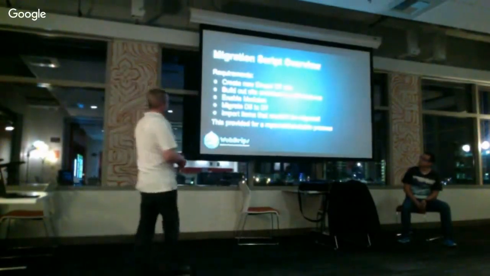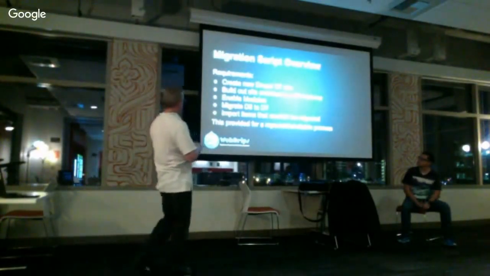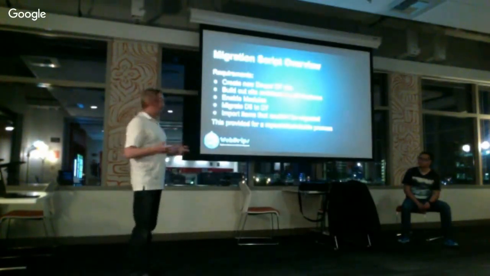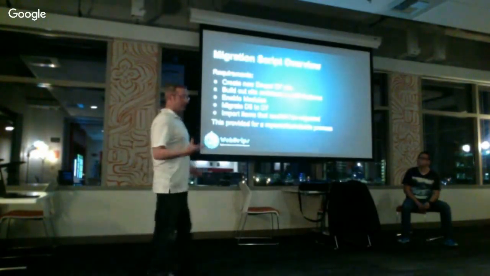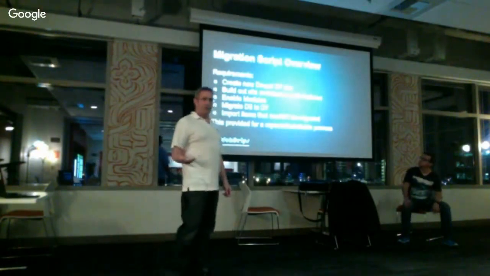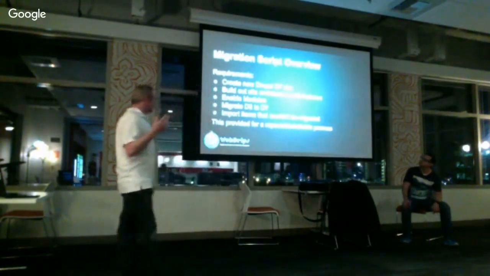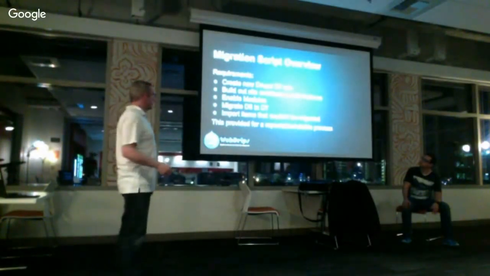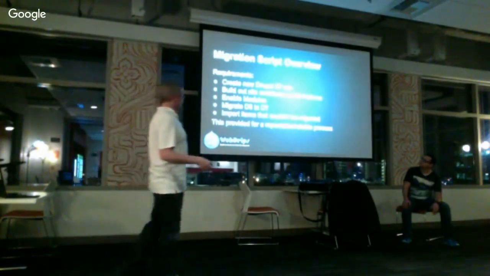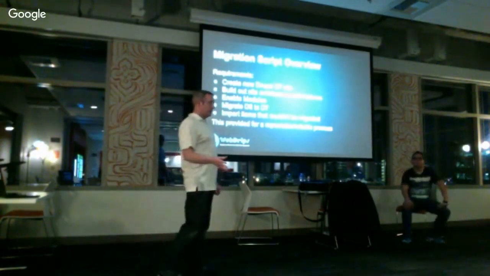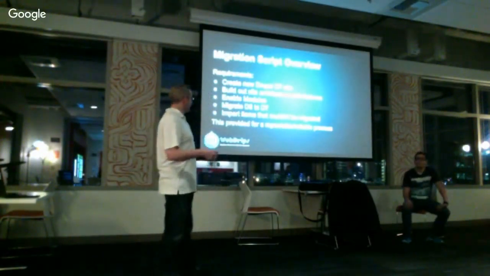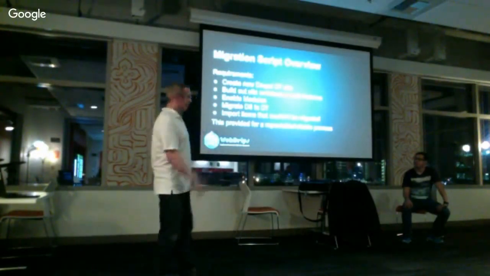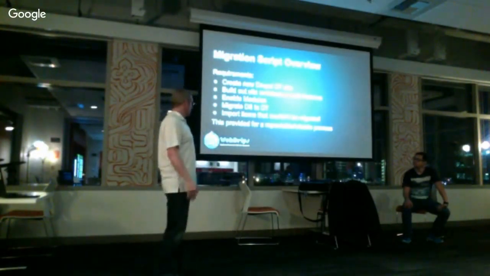About this script, it started out by creating a new Drupal 7 site, and then it added the architecture with the features, and we enabled modules that were required throughout the process, and then had the migration in there, and then had it import anything that couldn't be migrated.